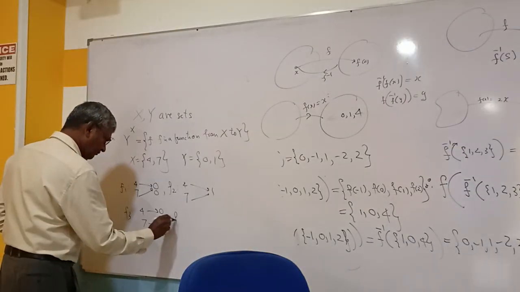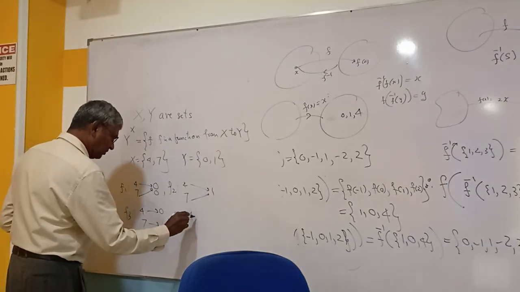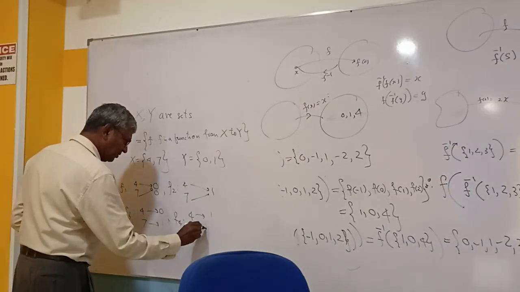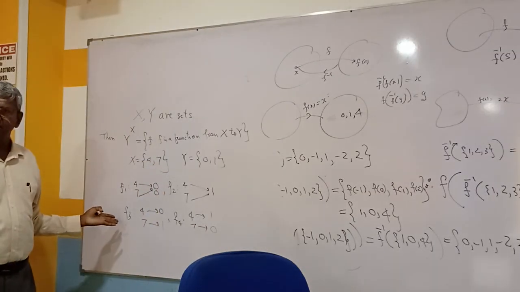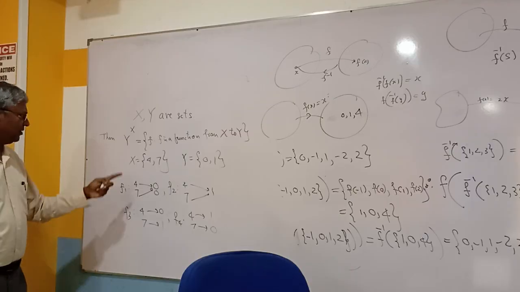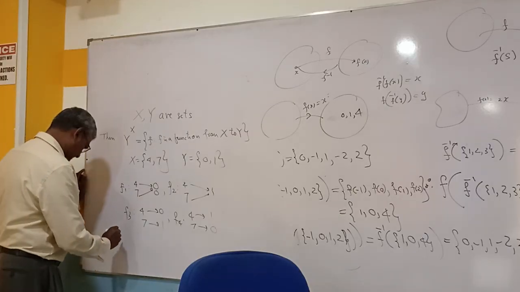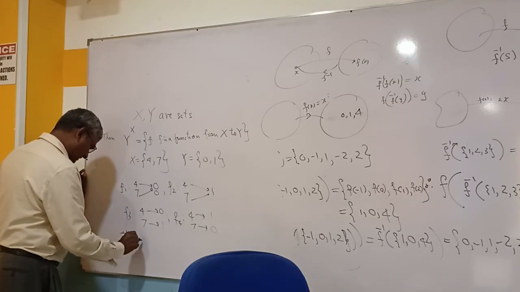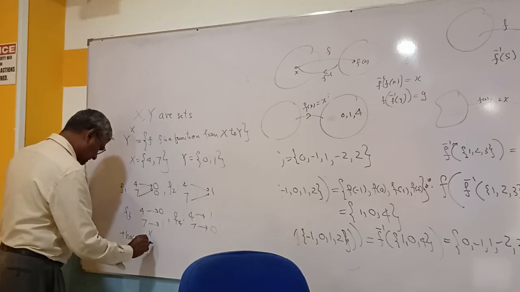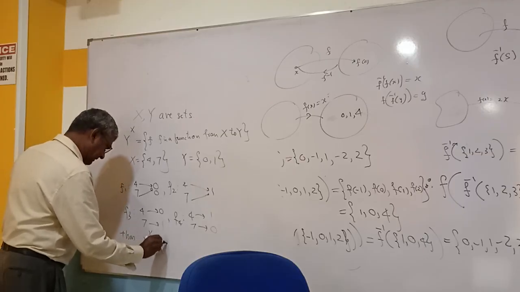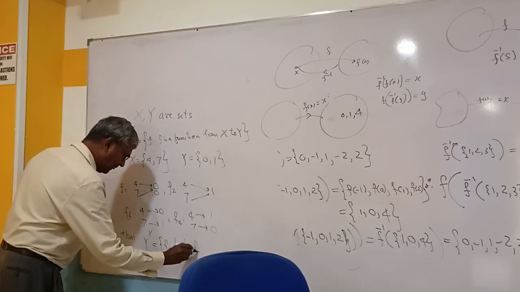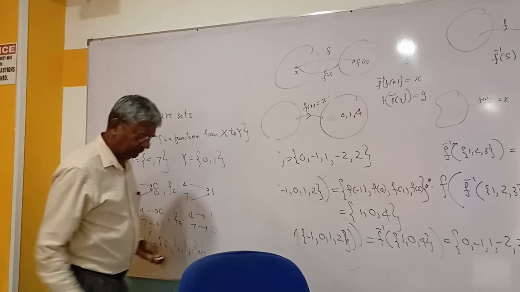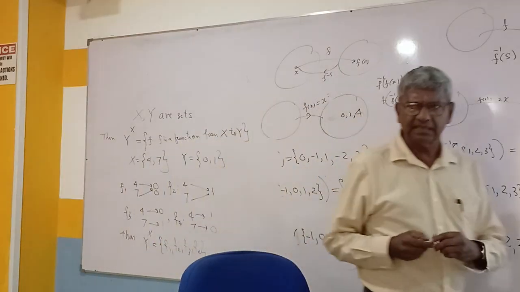And f4: 4 goes to 1, 7 goes to 0. Are there any other functions? No. So Y to the X is {f1, f2, f3, f4}.